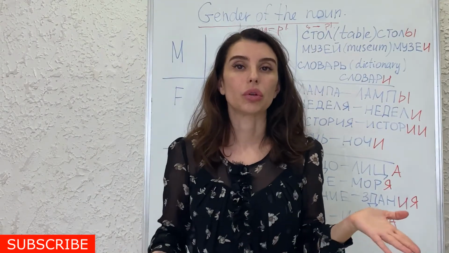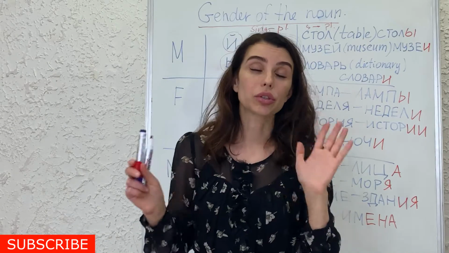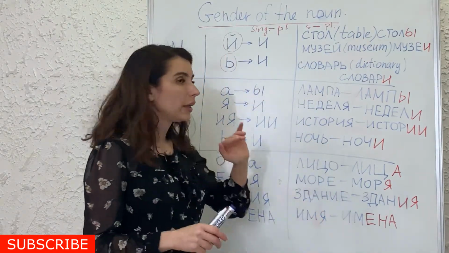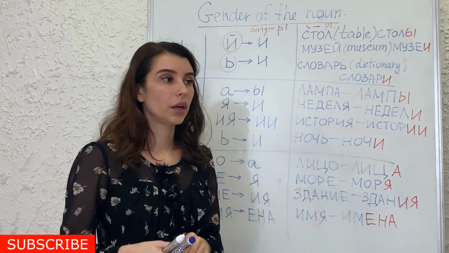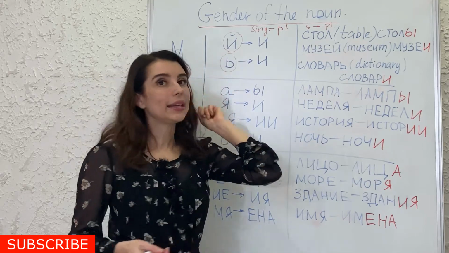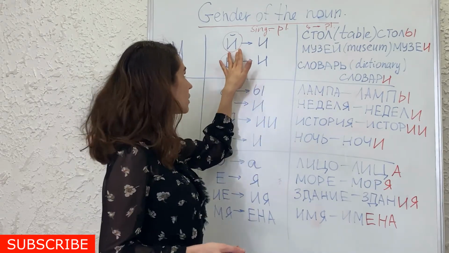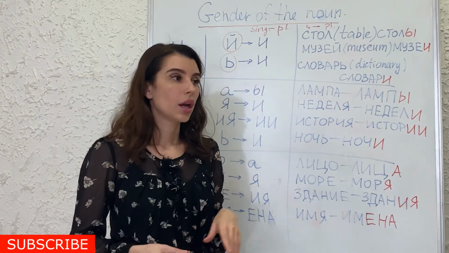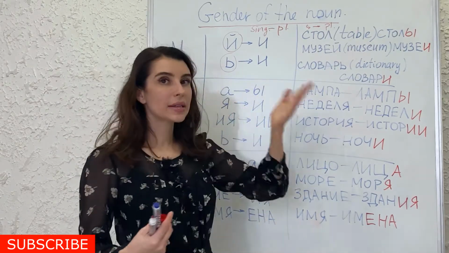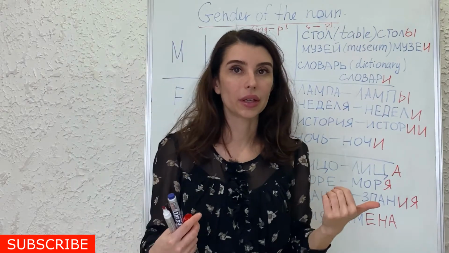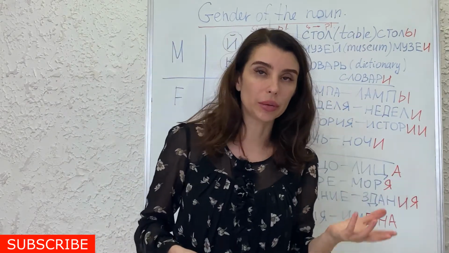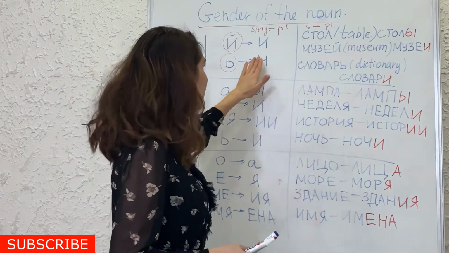It's a rule, but we are not talking about that, we're talking about a different rule now. Anyway, just in case I want you to know. Let's see, й краткий, this letter, will be at the end of the word if it's a masculine noun, and when you change it to plural, you will see и at the end.